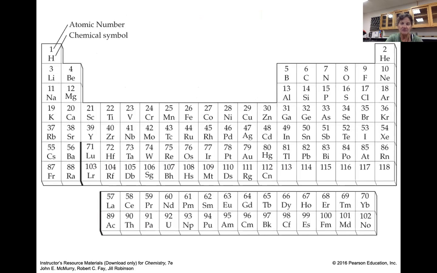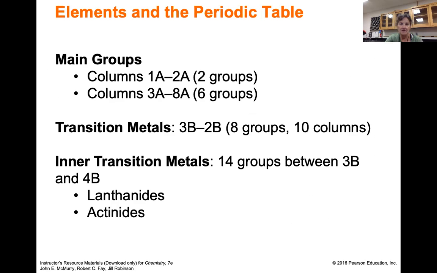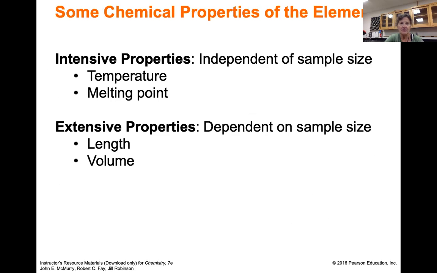Those are the inner transition metals. So think about the elements. The important thing is the periodic table is a way of organizing the elements so we understand their properties and some of the relationships between properties. So we'll be thinking a lot about properties.